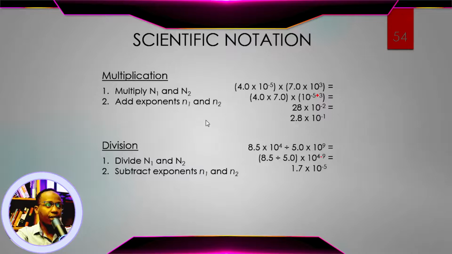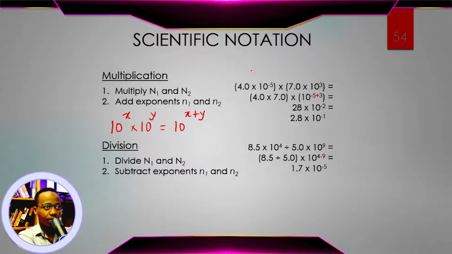Now, when it comes to division and multiplication, we have a rule, and you might have seen this in algebra. We have a rule that's really important. I'm going to write it down here. So for multiplication, 10 to the x times 10 to the y is equal to 10 to the x plus y.